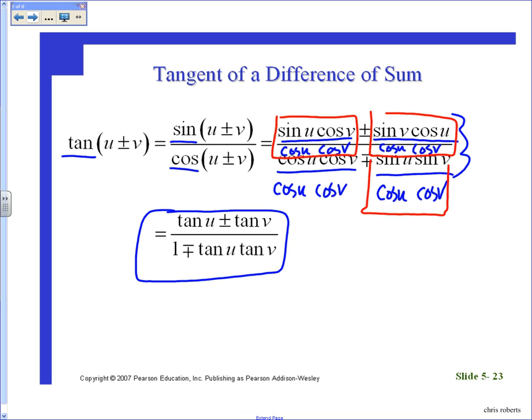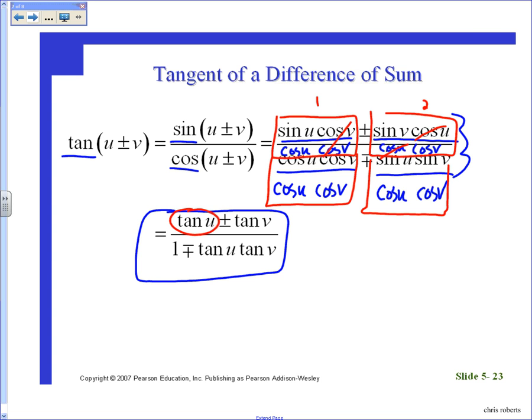If we start here with this first one, we can see sine of u over cosine of u is going to give me tangent of u, and cosine v over cosine v cancels out, so that's going to give me this tangent u right there. Moving over here to this second box, we have the cosine of u over the cosine of u, so that's going to cancel.